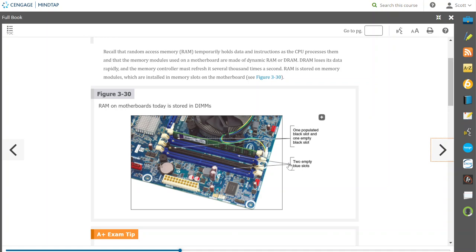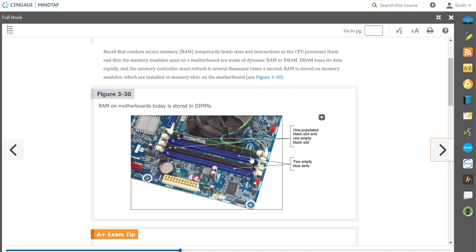It's all about how much space you have in the motherboard to be able to add in these things. Now, we've got 2 empty blue slots, and then we've got 2 black slots. One is populated and one is empty.